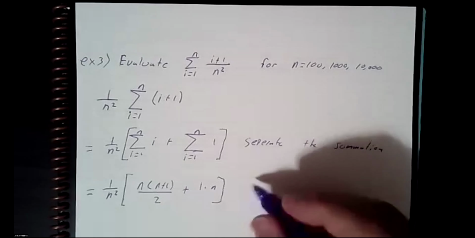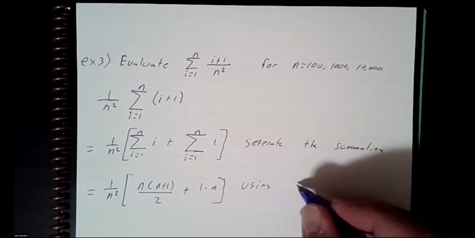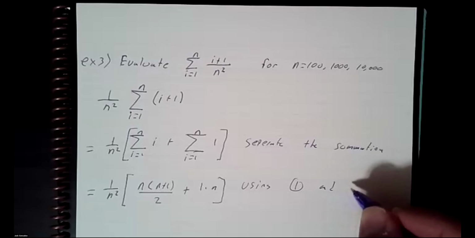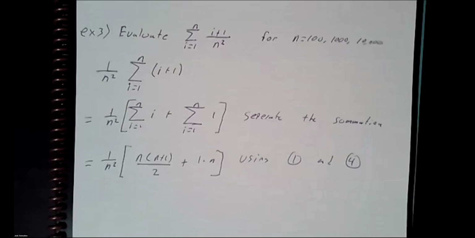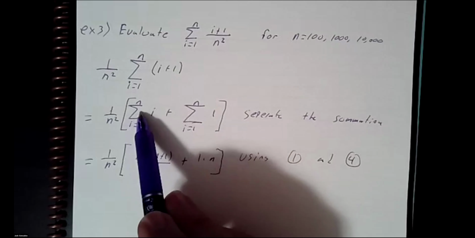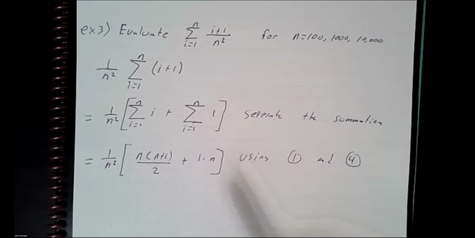So I used number 1 and number 4 from the last page. Does that make sense? We just applied the formula here. So now just add these fractions and plug in those numbers. That's it.